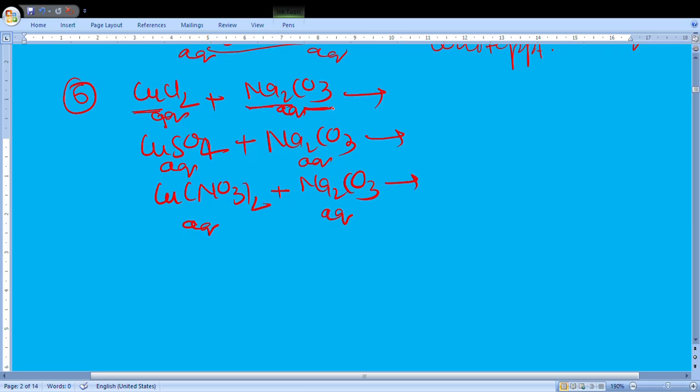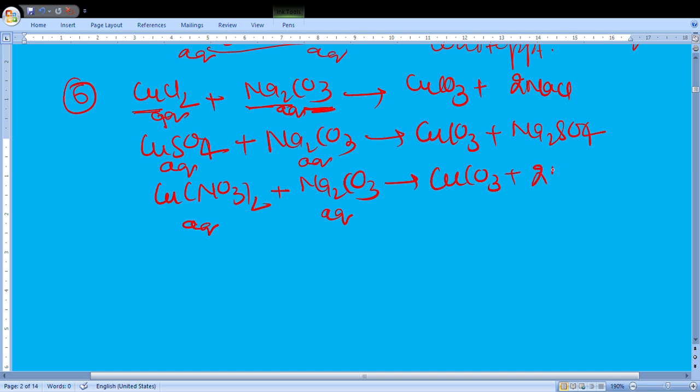You will get CuCO3 plus 2 NaCl, then CuCO3 plus Na2SO4, and in the third CuCO3 plus 2 NaNO3 as the byproduct, and these will remain aqueous, while CuCO3 will be prepared as a green precipitate.